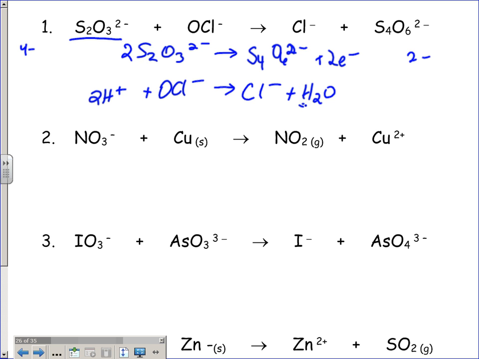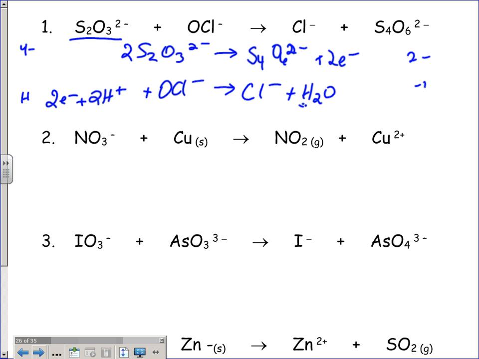Positive 1, right? So we have a 2 plus and a 1 minus, which come together to make a 1 plus. So 2 minus 1 is 1. And this side, we have a 1 minus charge. So where am I adding electrons? To the reactants. How many? 2 electrons.